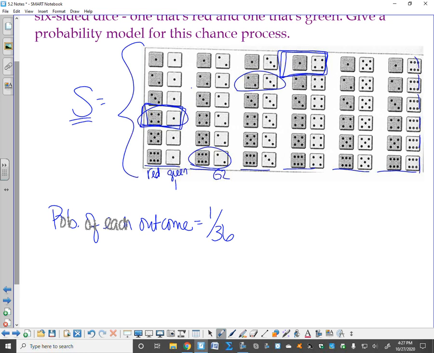But notice 2-2, there's no other 2-2 on this board because the green is 2 and the red is 2. So I can't have that another way. He's only on here one time, and doing it the systematic way really helps see that. Same thing with 6-6. All of your diagonals only happen once. But 4-1 and 1-4 can happen two different ways: 4 with the red and 1 with the green, or 1 with the red and 4 with the green.